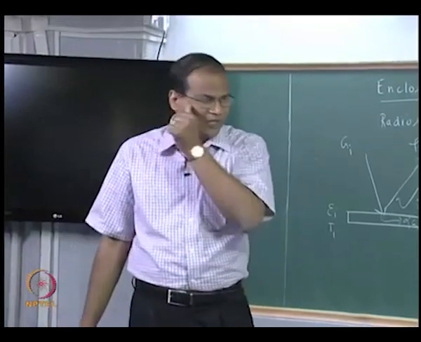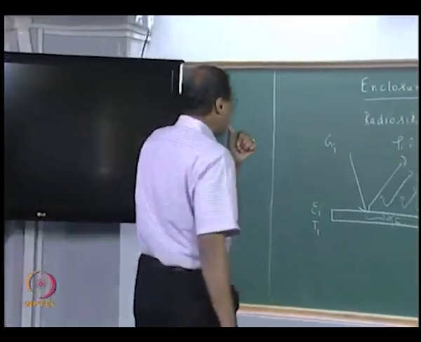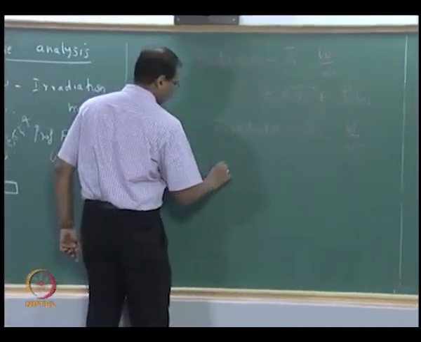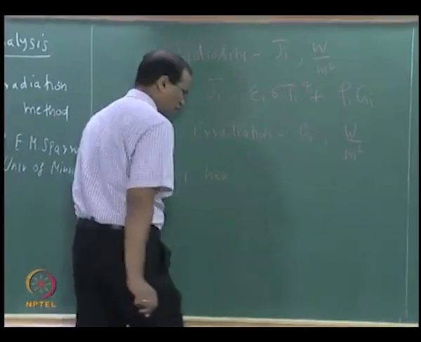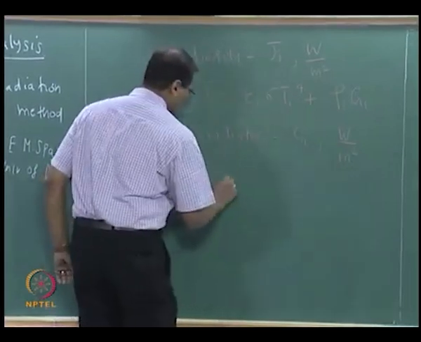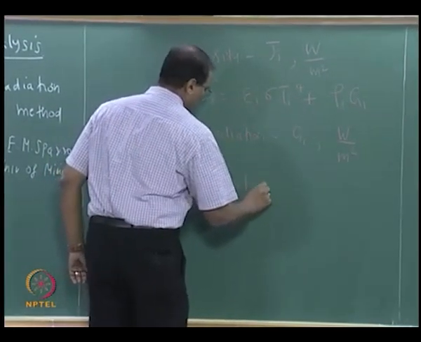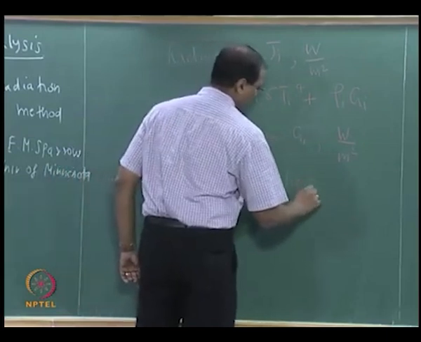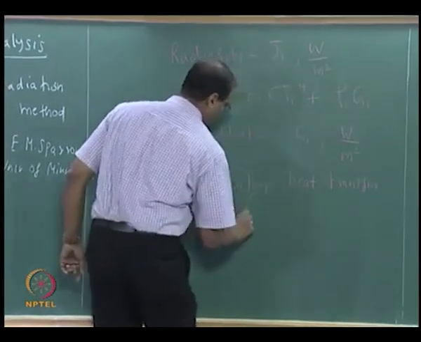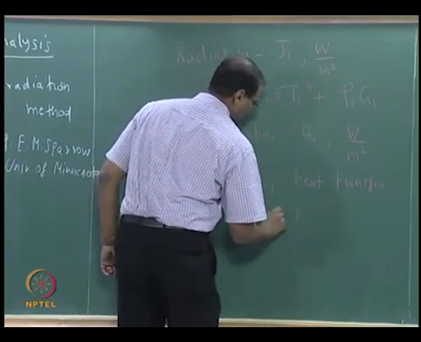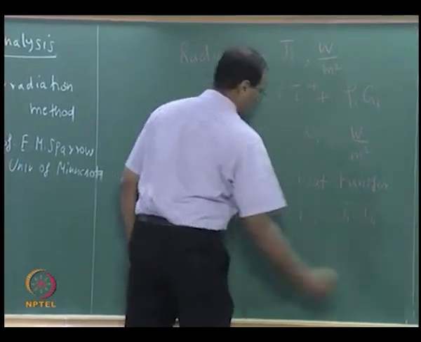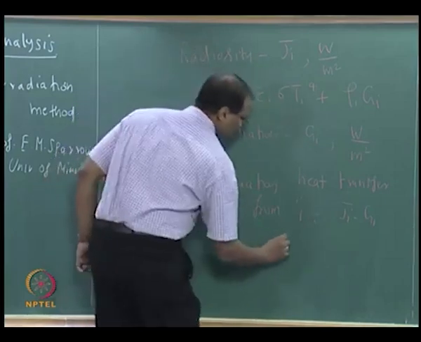So G is also in watts per meter square. Now the net radiation, we call it Qi.